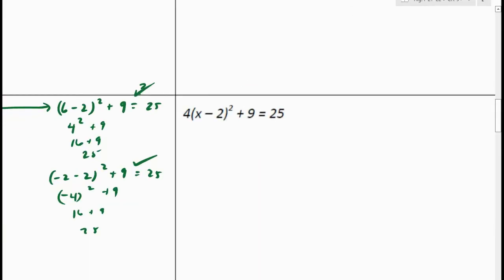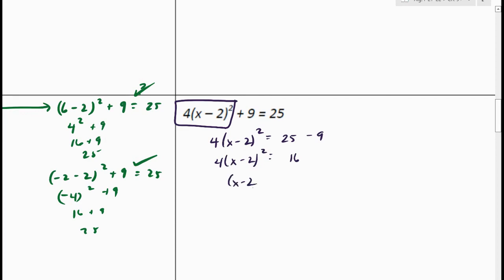Okay. This one we got a lot of stuff. Here's the term that has the x in it. So first we'll subtract 9 from both sides. Now, again, you get the term with the x on the side, but that whole square is getting multiplied by 4. How do you get rid of multiplying by 4? You divide both sides by 4, which just leaves the x minus 2 all squared over on the left.